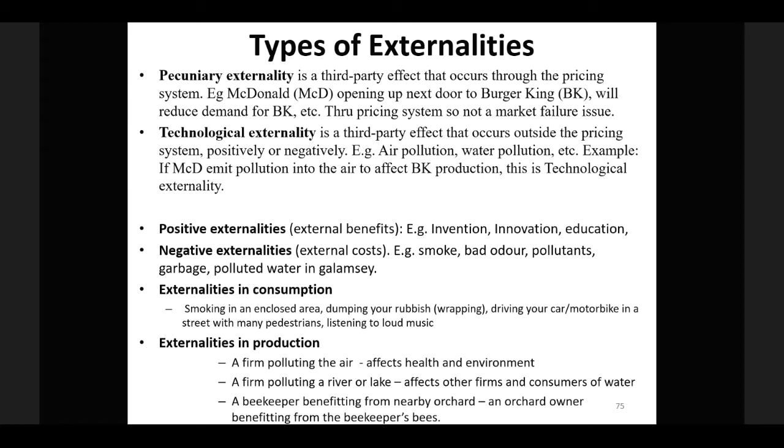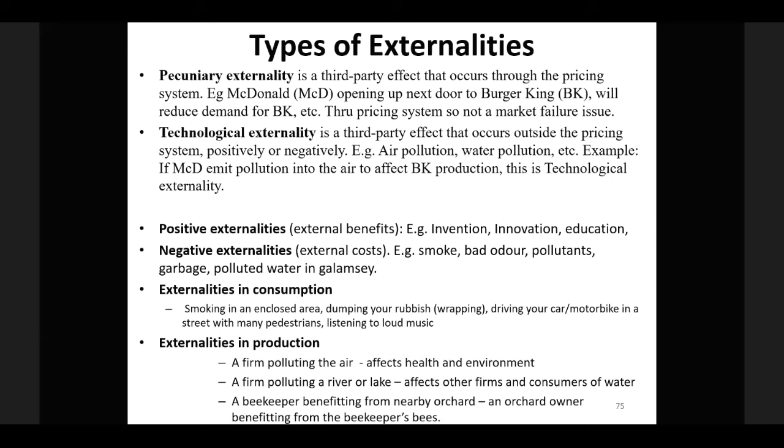That said, as I said in the previous slide, we also have positive externalities where external benefits accrue to others. For instance, when an invention is discovered or somebody makes an invention, this has the benefit of enhancing the production possibilities of other firms.